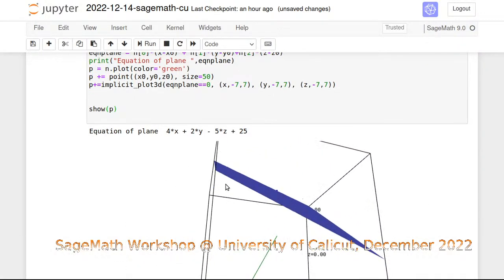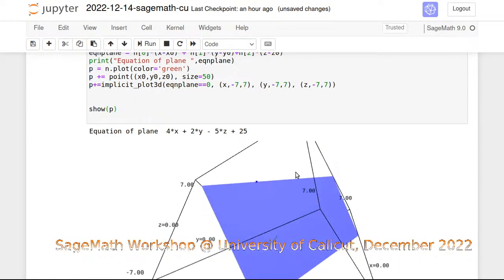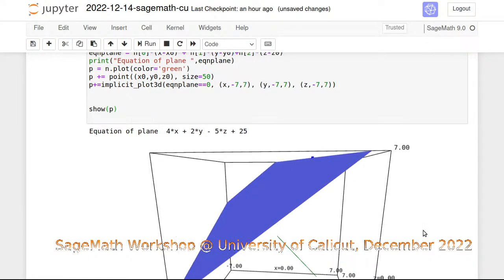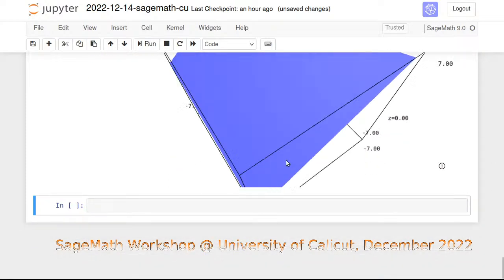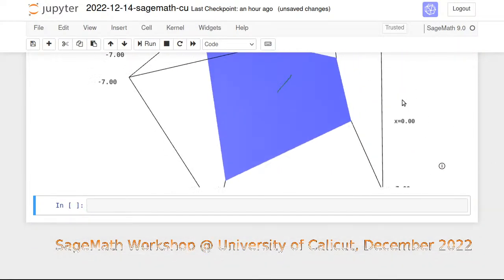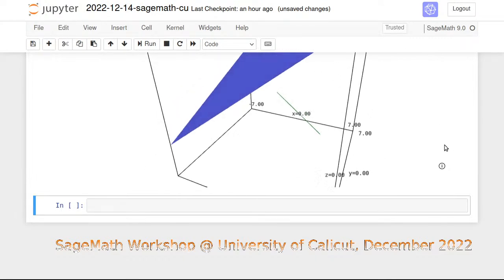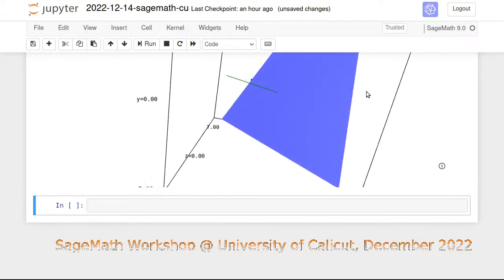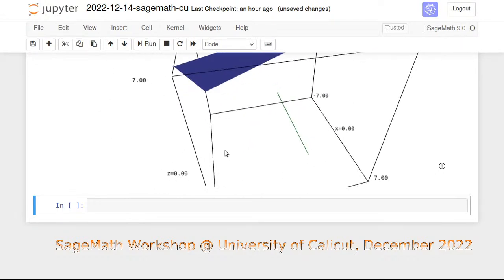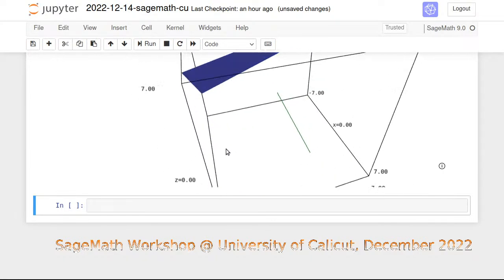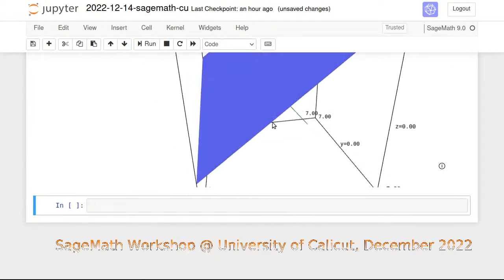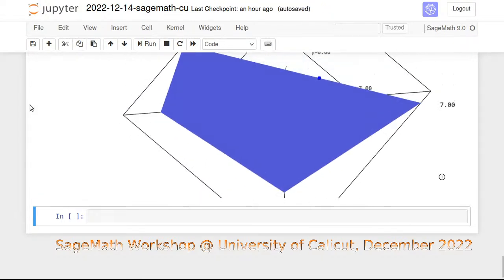This is the normal vector, but we have not drawn the normal to that surface. Normal, here it is. The point, where is that point? That point is not in the center because we have defined the ranges like that. The point is somewhere there. Point is here, normal is here, and the plane is here. That's it.